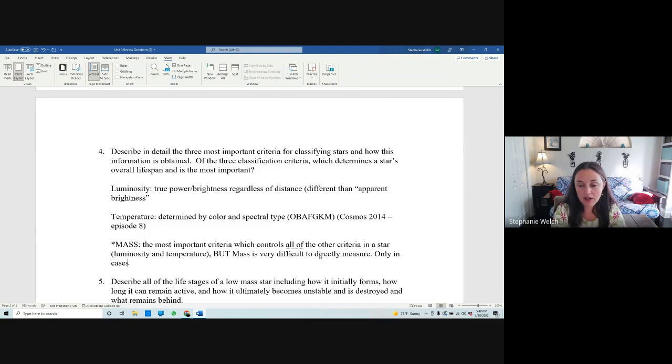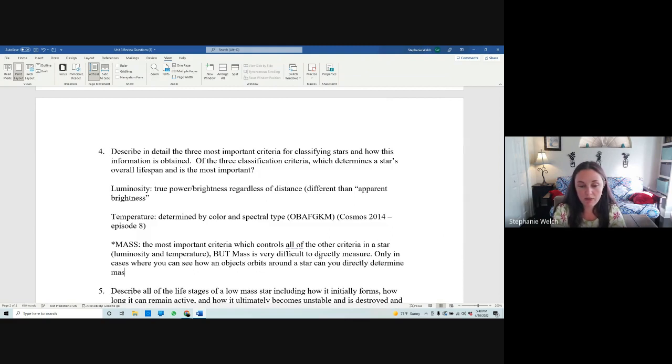Only in cases where you can see how an object orbits around a star can you directly determine mass. For example, binary star systems are really good about this.